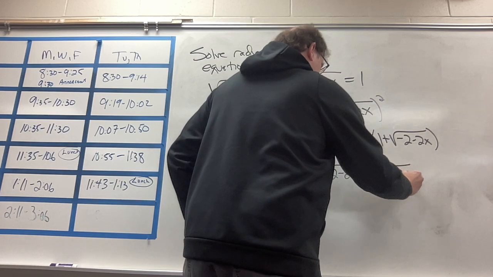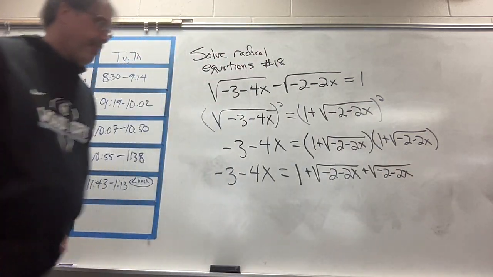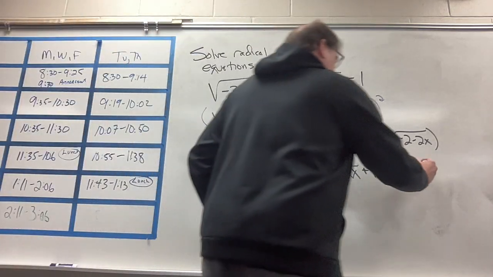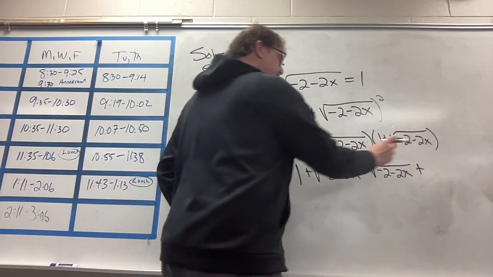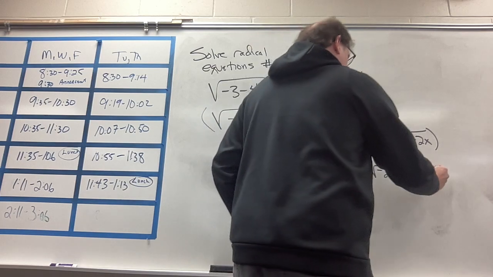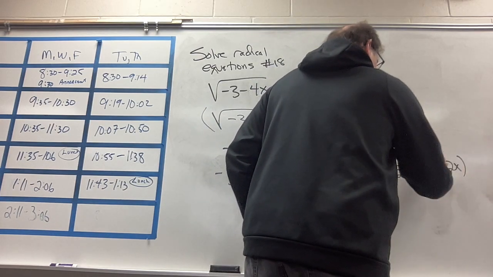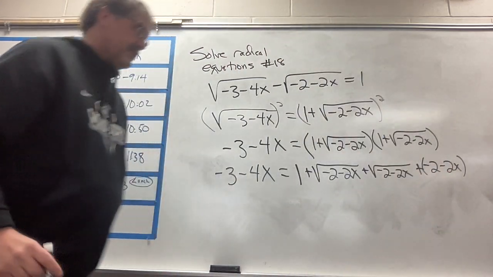Don't make a mistake along the way. Last times last. Square root of that times itself becomes itself. And I'm going to put it in a parenthesis even though it's not really needed.